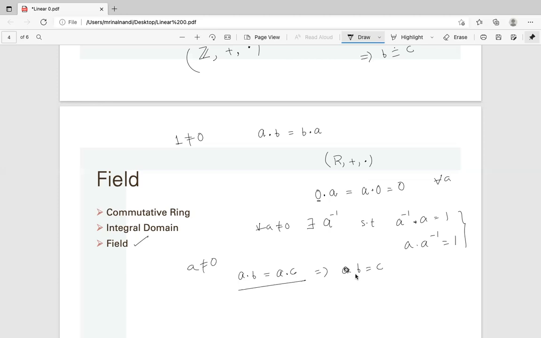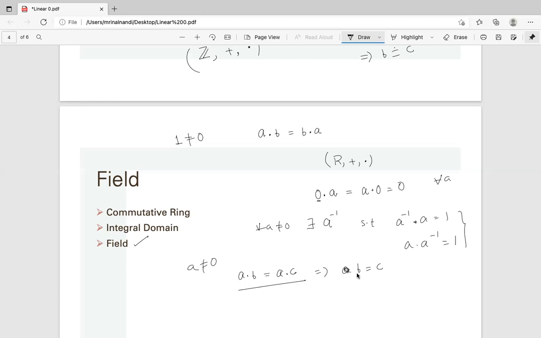Right, left, both sides. But sometimes there is a structure which is not a field, the inverse does not exist, and still we can cancel. That is the important part, because the existence of inverse is what gives the cancellation law in a field. But there are good structures with cancellation law where the inverse does not exist.